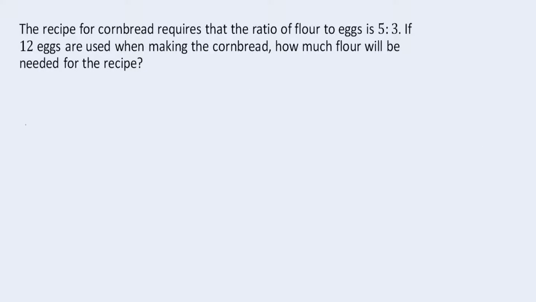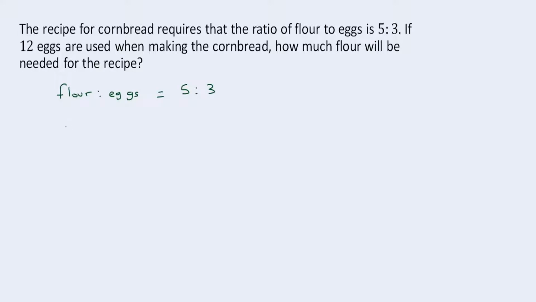Our final example. The recipe for cornbread requires that the ratio of flour to eggs, so flour to eggs, is 5:3. If 12 eggs are used when making the cornbread, how much flour will be needed for the recipe?